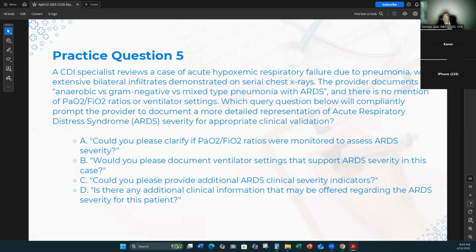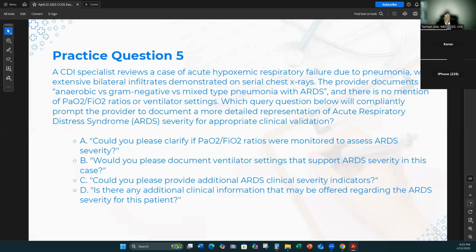And a hint for you on this question is that CDI specialists do not question the clinical acumen of the provider. We only ask for clarification on documentation. So if something sounds like we're questioning clinical judgment decisions and management decisions, we probably don't have the right answer.